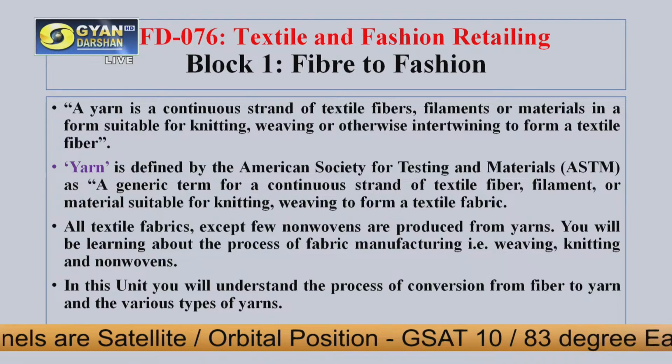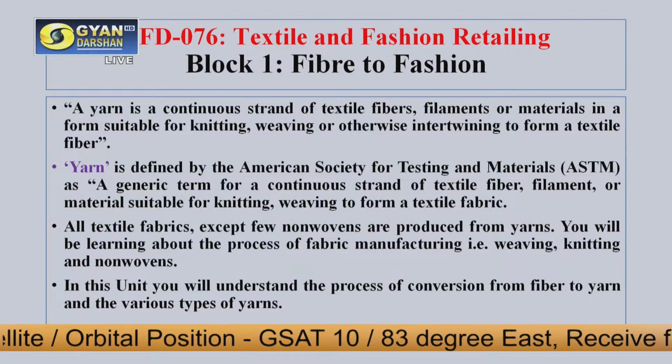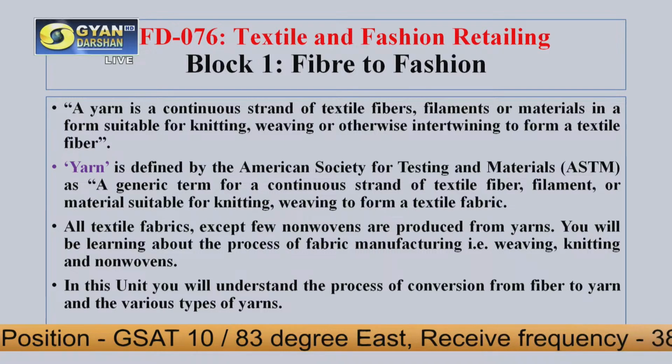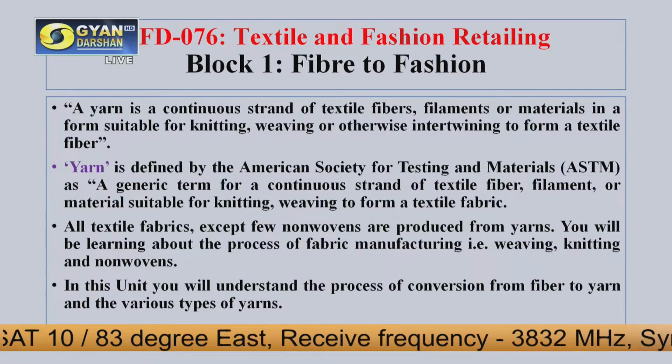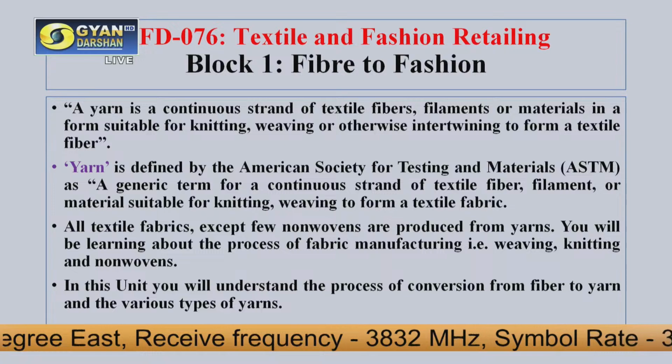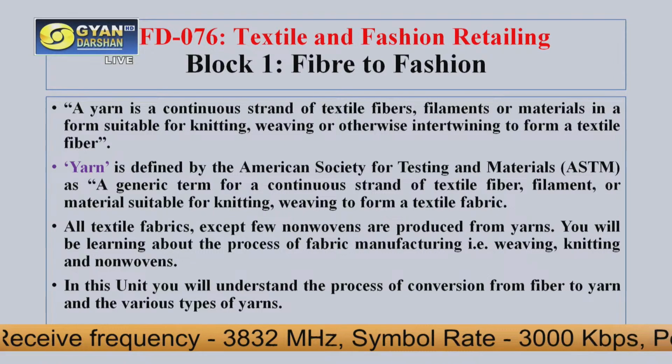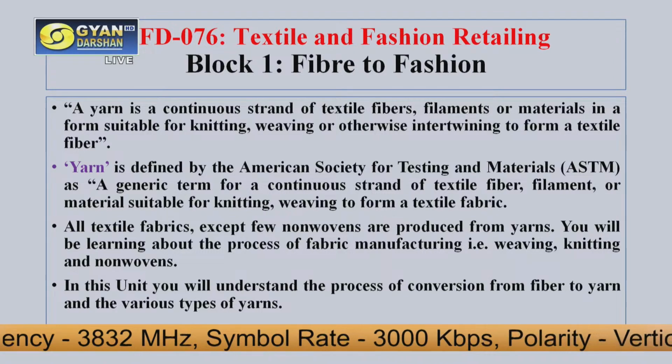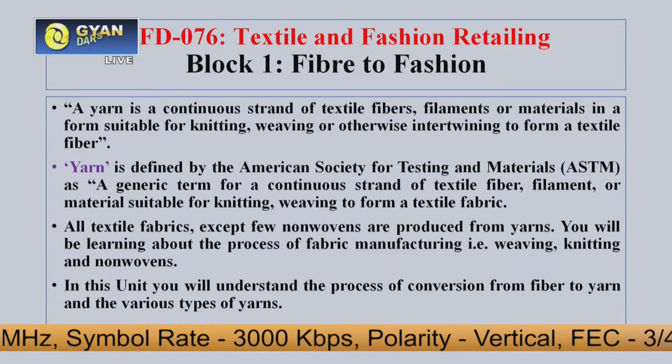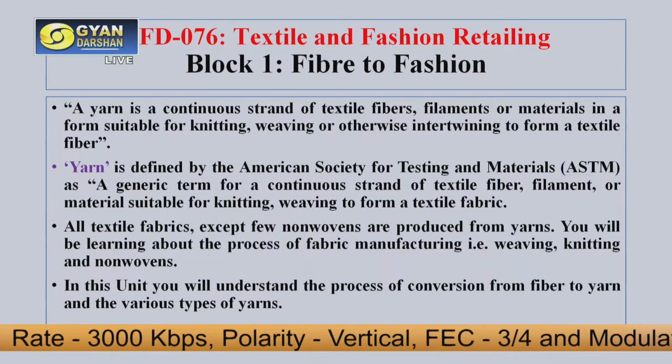So you will be learning about the processes of fabric manufacturing, that is weaving, knitting and non-woven methods, in this particular unit. In this unit you will understand the process of conversion from fiber to yarn and the various types of yarns.